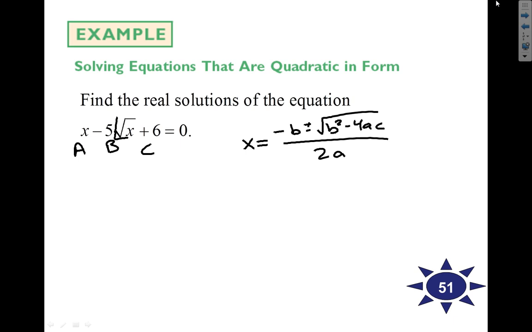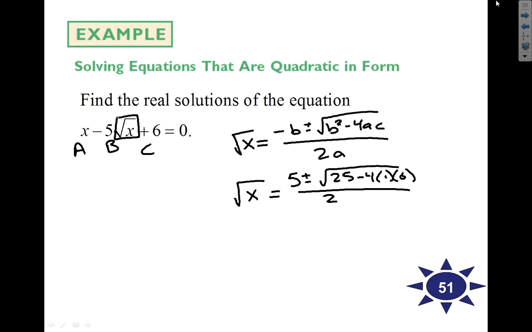Since this is not x like it normally is, since it's square root of x, square root of x is going to equal the negative b, all the quadratic equation. Let's go ahead and solve it. Square root of x is negative 5 plus or minus the square root of 5 squared minus 4ac all over 2a, which is just 2.